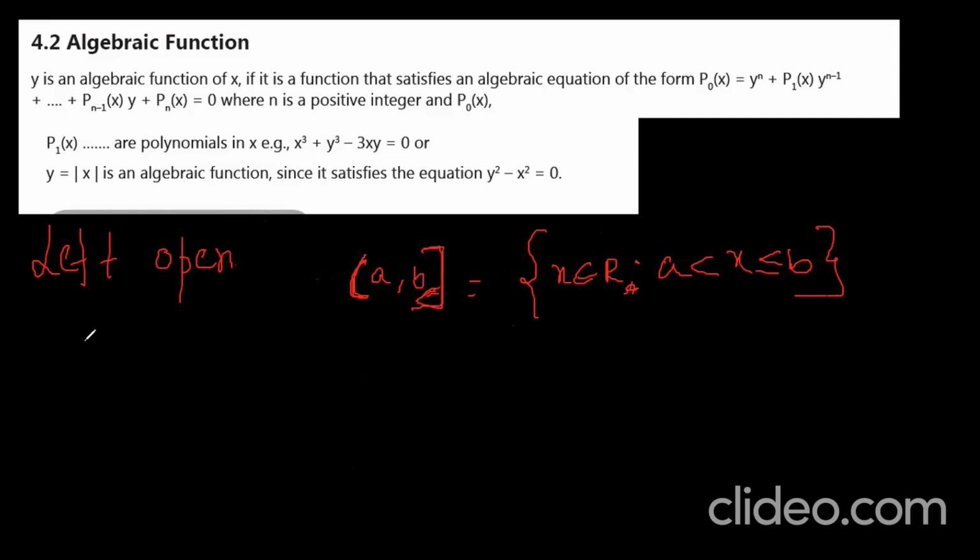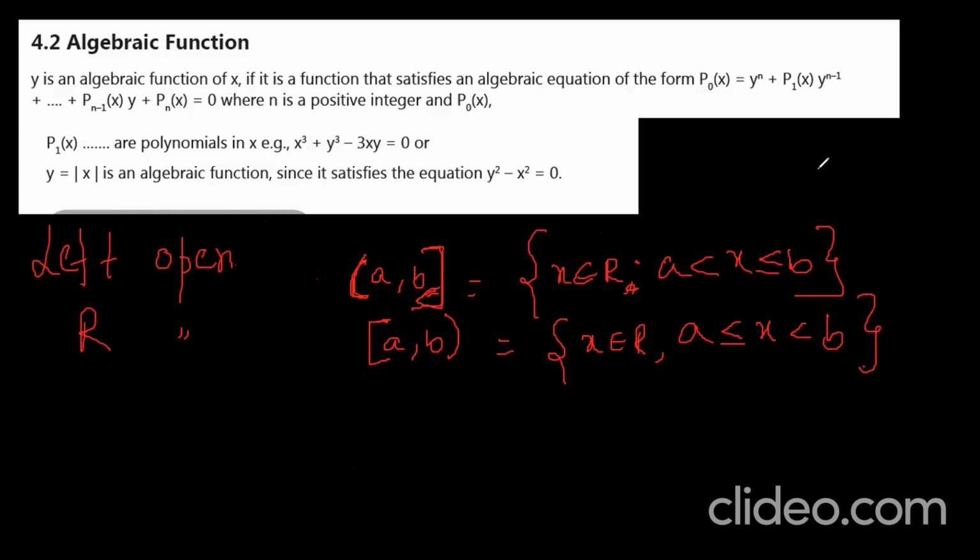Similarly, right open means left it is closed, right it is open. So how do you write? X belongs to R, A less than or equal to X less than B. You understand? In this manner.